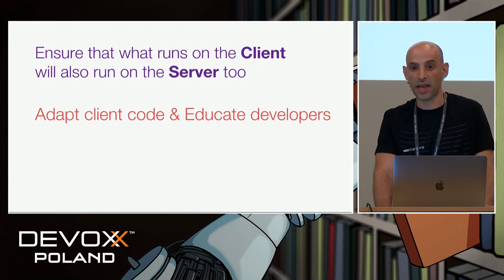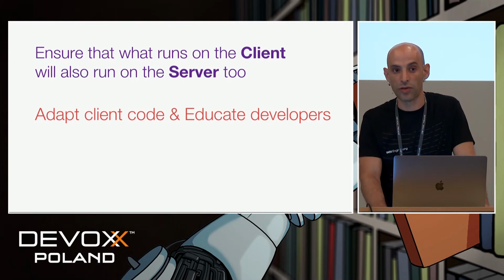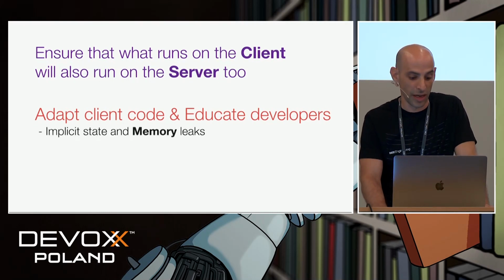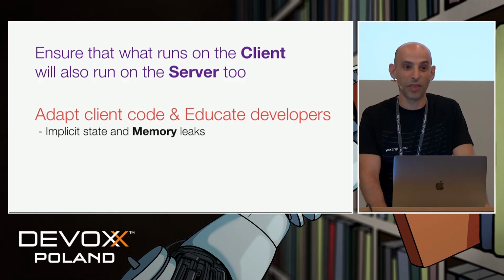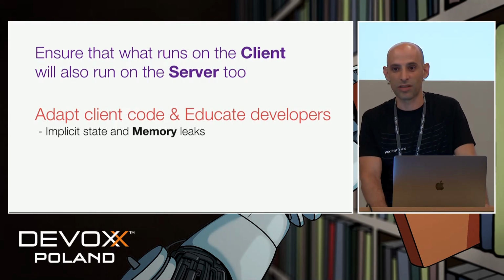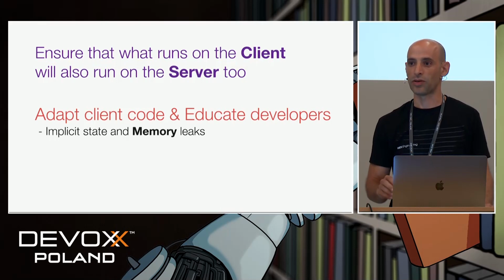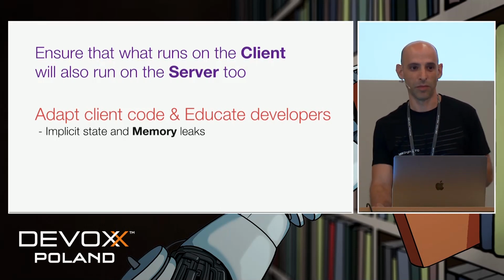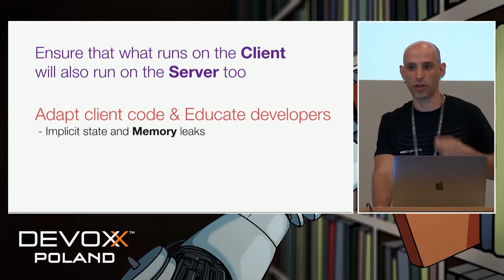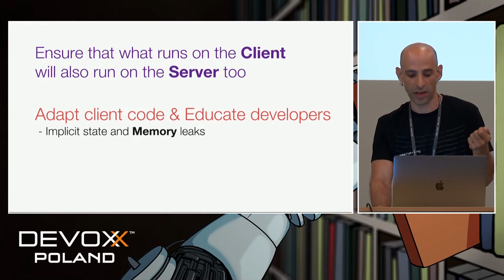First of all, we had to adapt the client code to actually run on the server because there are some things in the client that can cause a lot of problems. For example, memory leaks and implicit states. When you're in a browser, you have just one VM. When you're on the server, you keep sharing the same VM over and over again.